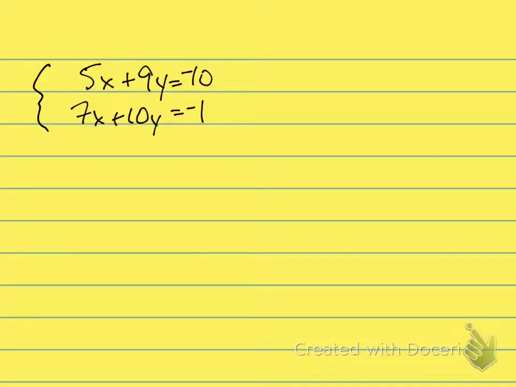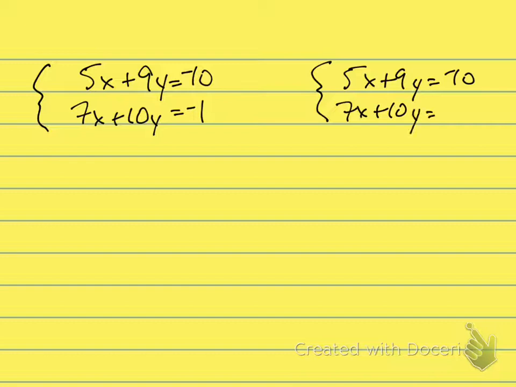All right, so take a look, and I think you may notice with our x's and y's, nothing cancels just straight up by changing one thing. We actually have to mess with both equations. So here are your two options. I'll show the two options you might have used, and then I'm only going to solve one of them. Option 1 would be something like multiply this by negative 7 and this by 5, and that's going to give us x terms of negative 35 and positive 35 to cancel.